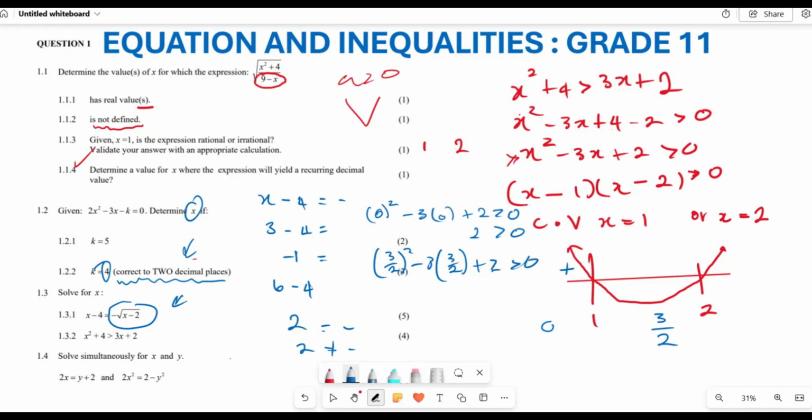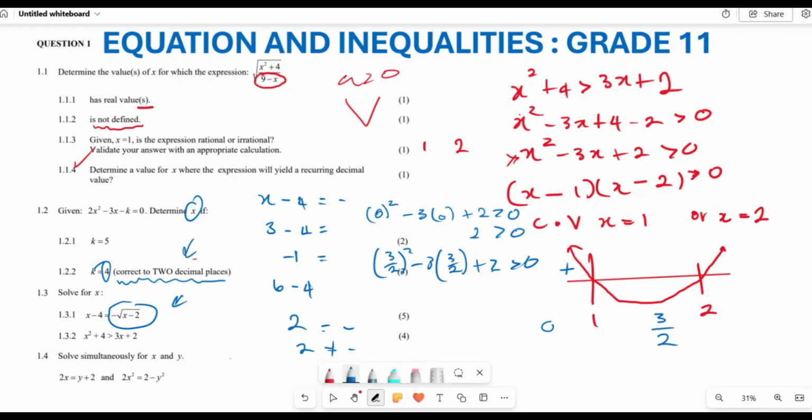Now, look, 3 over 2, close bracket, squared, right? This is 3 over 2 minus 3 into 3 over 2.